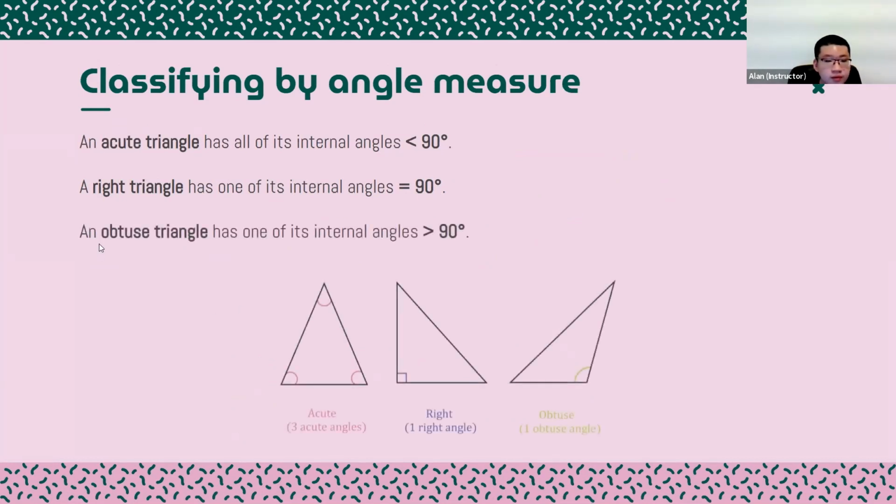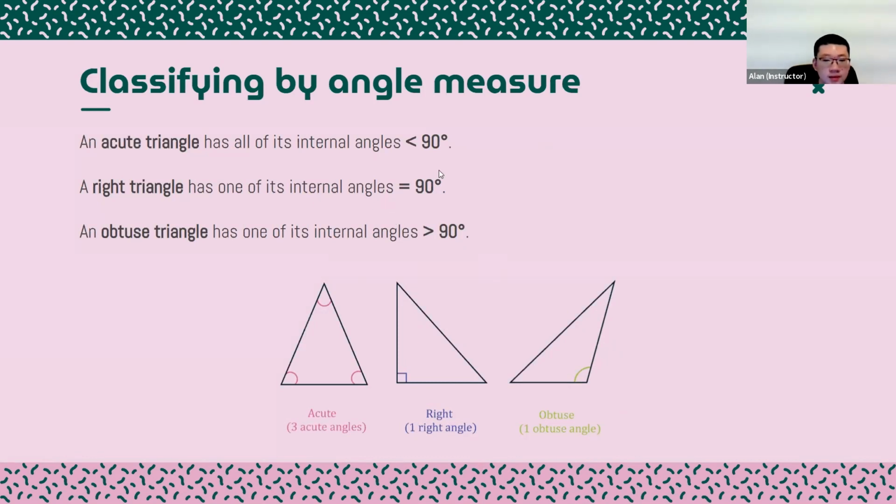And if the triangle has one of its internal angles greater than 90 degrees, it's called obtuse. You can see examples of each at the bottom. You may notice that an obtuse triangle might be kind of strange, and might not be what you usually think of when you think of a triangle.